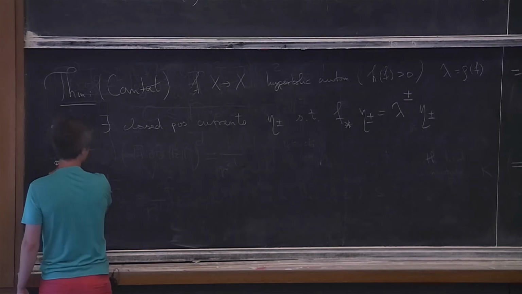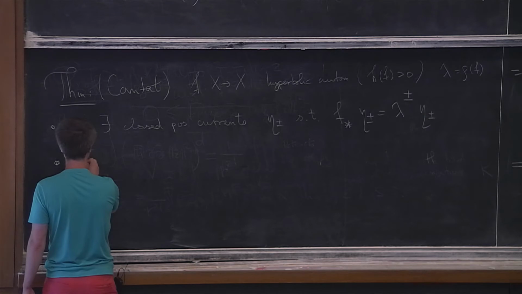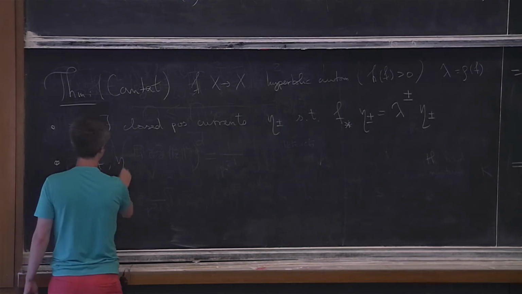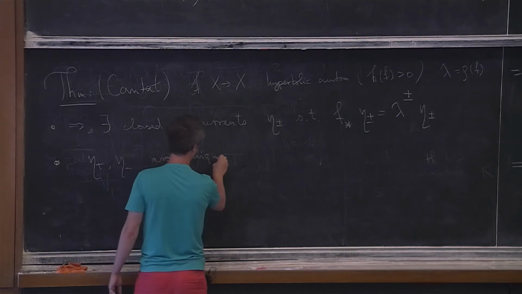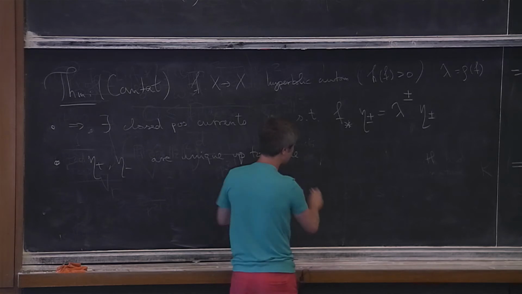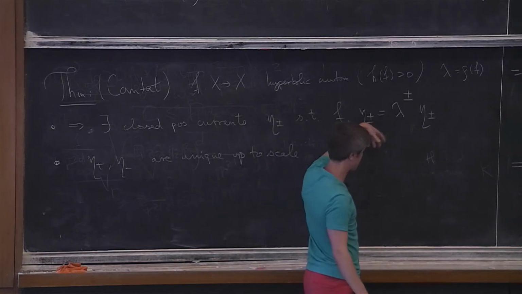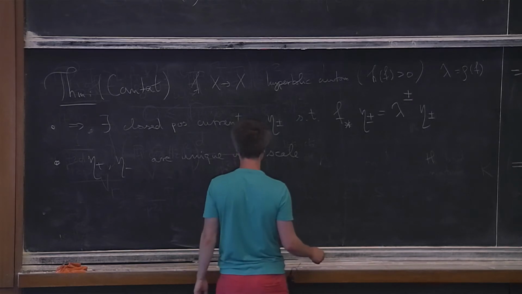Moreover, as I said, these currents are closed and positive. These currents, eta plus and eta minus, are unique up to scale. Certainly if I have one such current, I can rescale it by a real number and it will still satisfy this, but essentially otherwise they're unique.